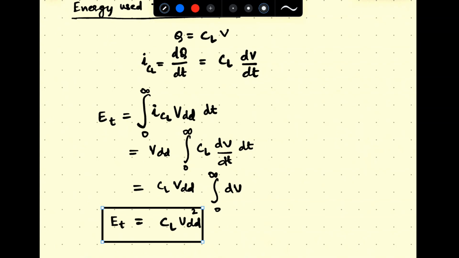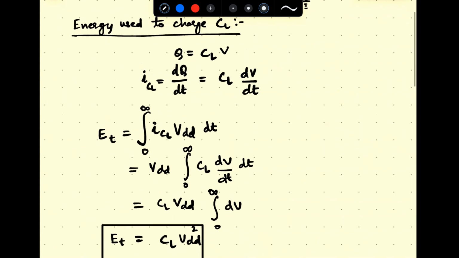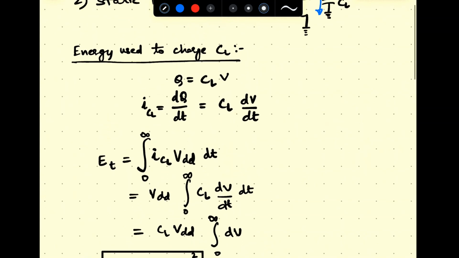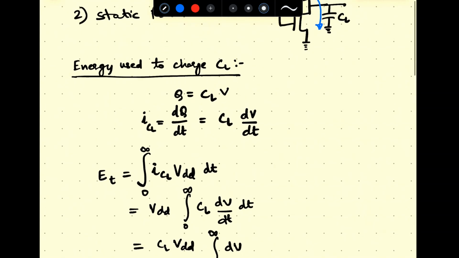Similarly, we can also derive the energy that the capacitor is storing inside of it.